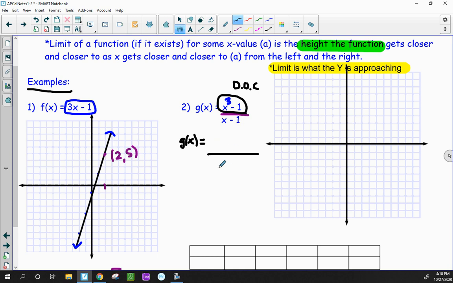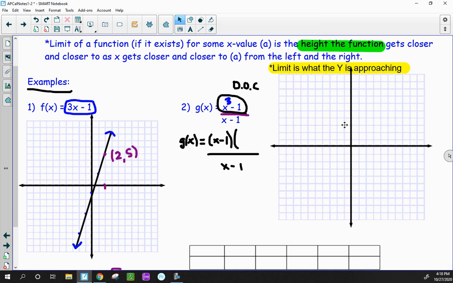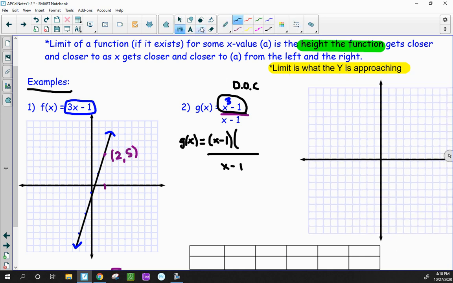I can't factor the bottom, so I'm going to leave that alone, x minus 1. To factor x cubed minus 1, I take the cube root of the first term, which is just x, and bring down the same sign. I take the cube root of the last term, the cube root of 1, which is still 1. And then we factor DOC problems into a binomial times a trinomial.